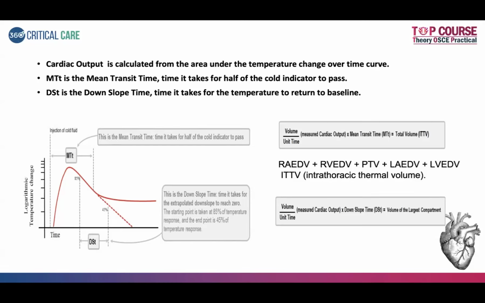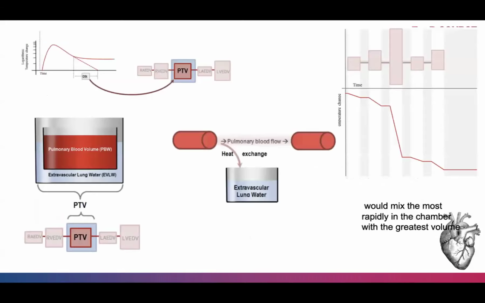So when you multiply the cardiac output, that is volume per unit time, into the down slope time, you get the volume of the largest component, that is the chamber with a higher blood volume, where the dilution happens very quickly. Here it is the pulmonary thermal volume. The largest chamber we are considering here is the pulmonary thermal volume.